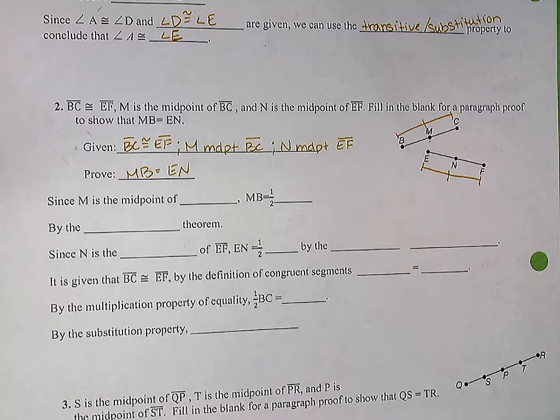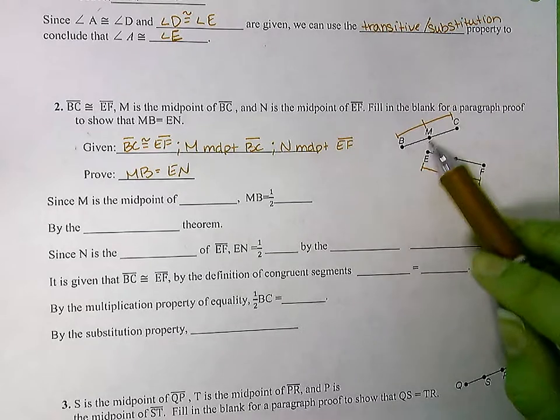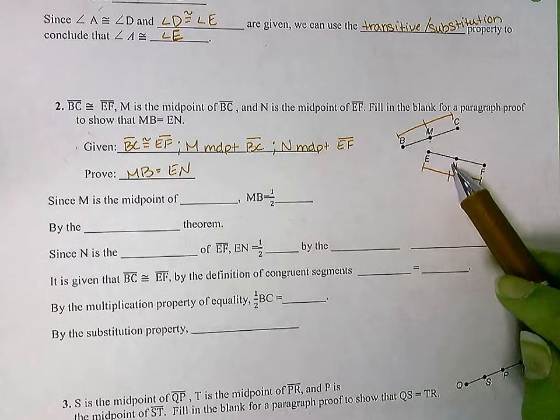Before I even start looking at all of these words here, since you won't get those on your two problems on your assignment, you always again want to start with your given information. What can you conclude about what you have given to you? Well, I have this midpoint here and this midpoint here. So you could start with either.